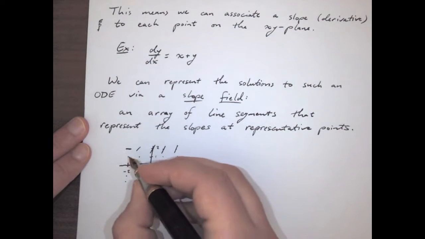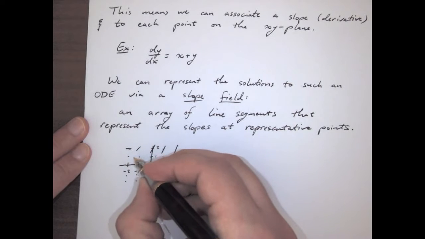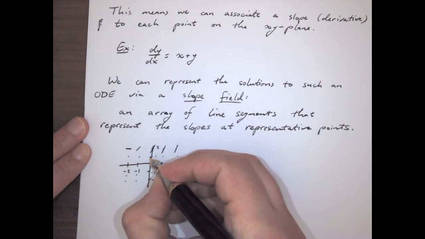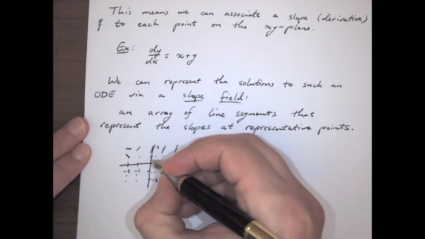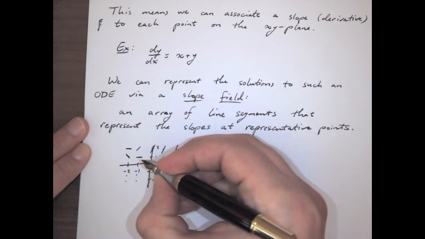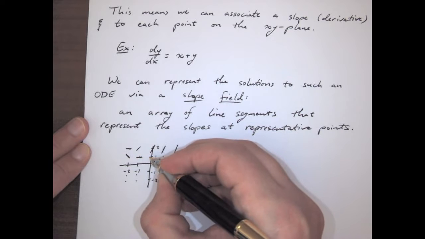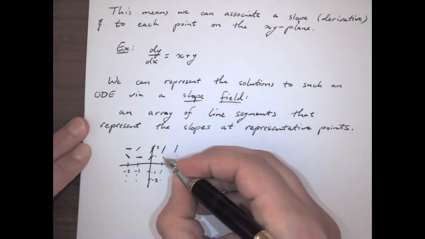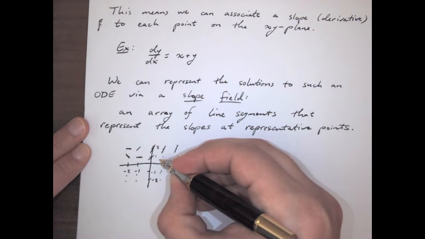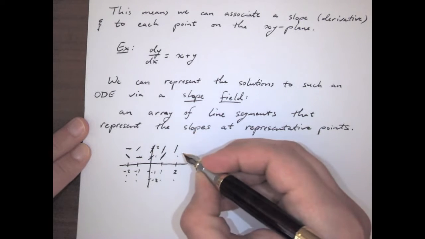Now, next row here, we're going to have -2 plus 1. It's going to be a slope of -1. -1 plus 1, it's going to be a slope of 0. And then we have 0 plus 1, it's going to be a slope of 1, so it should be parallel to that one. This one is going to have a slope of 2, so it should be parallel to that one up there, close enough.